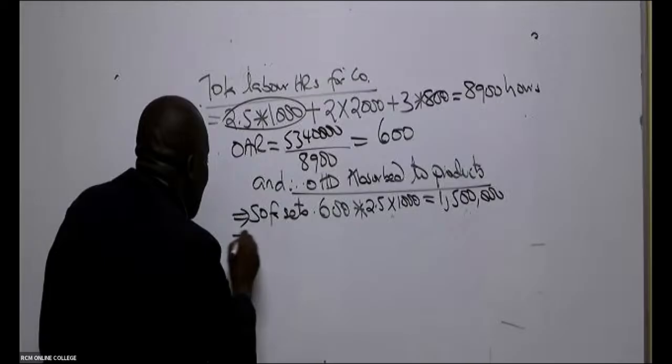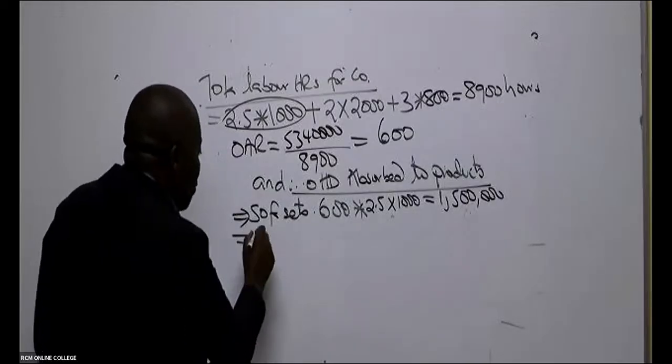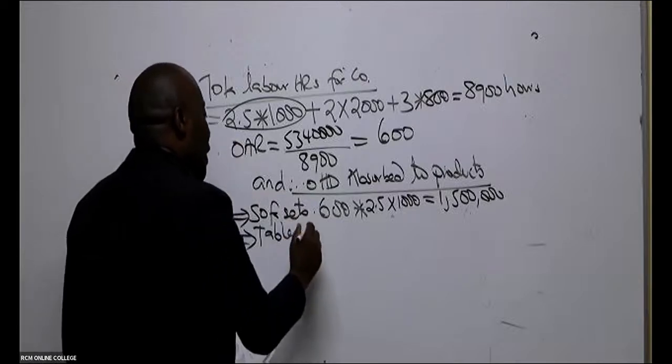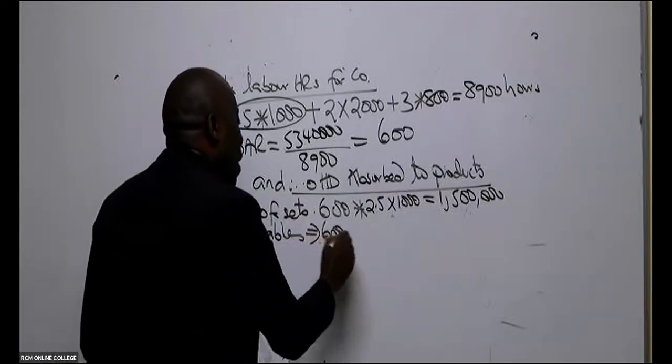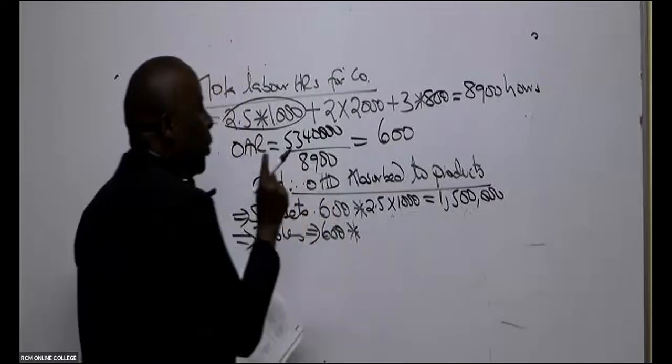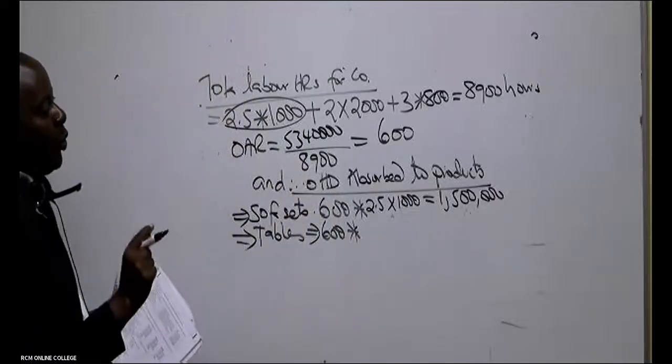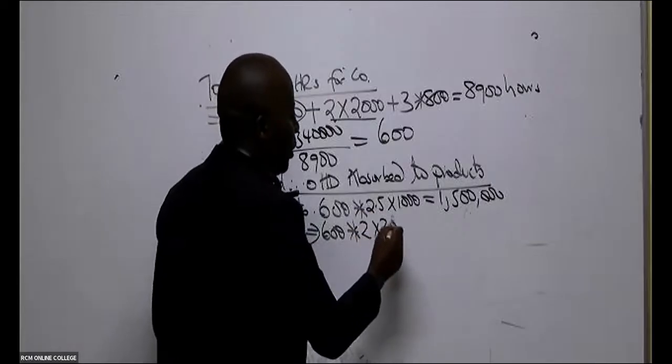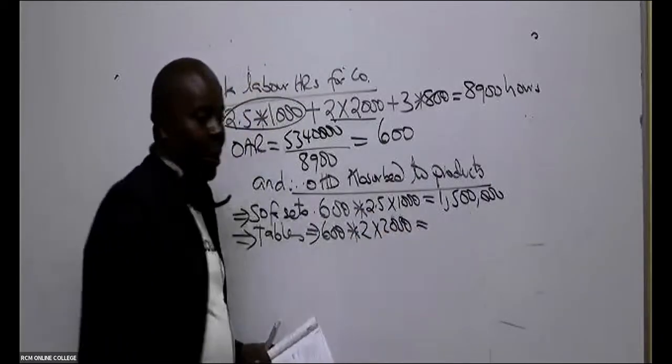Then how much shall be absorbed by tables? Absorption rate is 600 per hour, times the hours that we need for all the tables. All the tables hours are here. Times 2 times 2,000. So then this will end up giving me what figure?